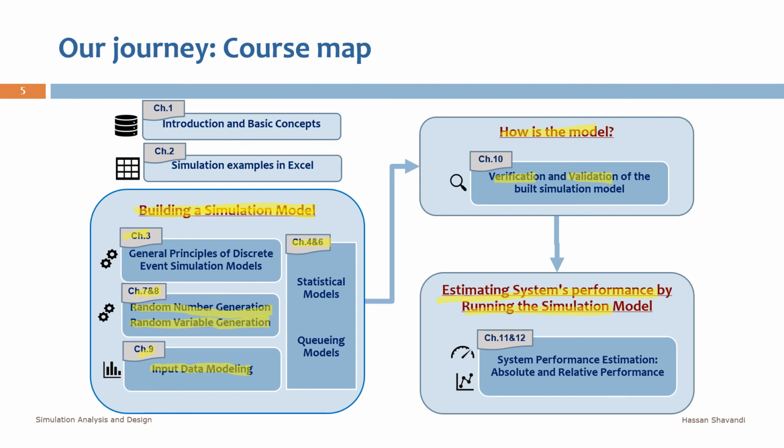So in chapters 11 and 12, we'll learn the statistical methods for how we can interpret and infer the results obtained by the simulation model, and then gain insight for our decisions about the actual system. Okay, so this is our journey, or our course map, or the knowledge that you are going to learn in this course.